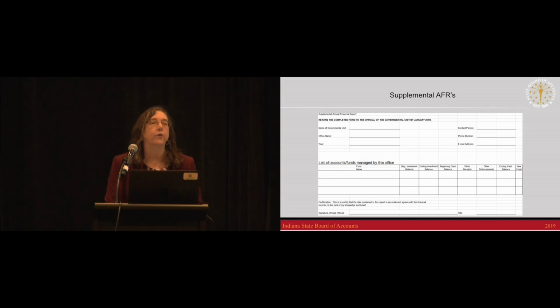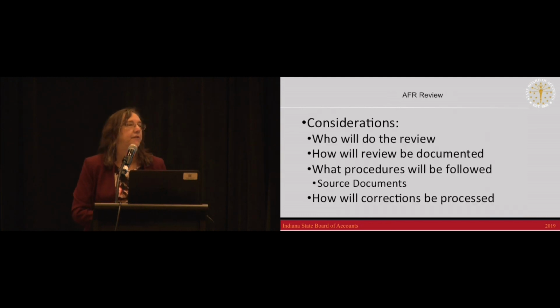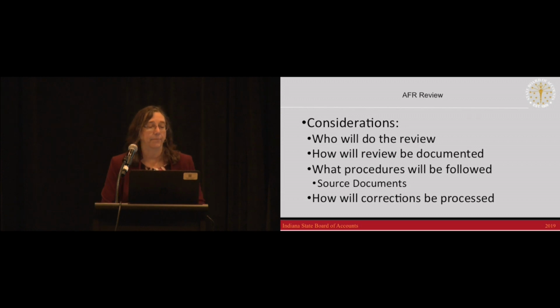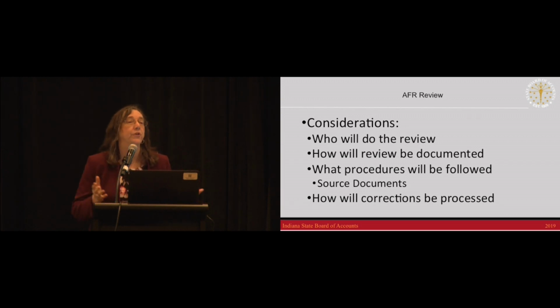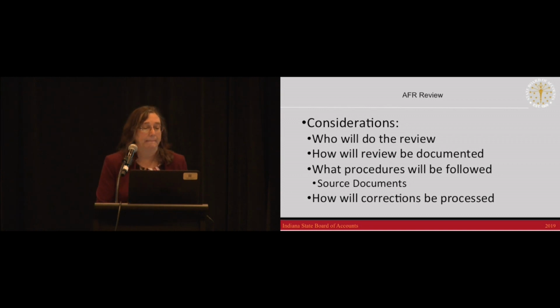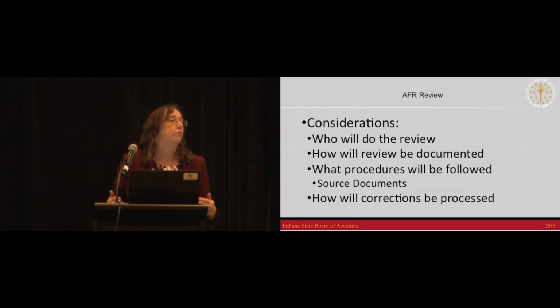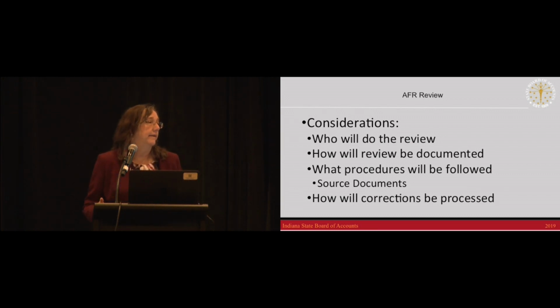So, things to consider. Who's going to do the review after it's compiled? Again, have a second person, a second set of eyes. How are you going to document that? That's up to you, but show in some way that it's been done. What procedures are going to be followed? We're tracing it back to the source documents, we're comparing to last year, whatever procedures you want your reviewer to look at.